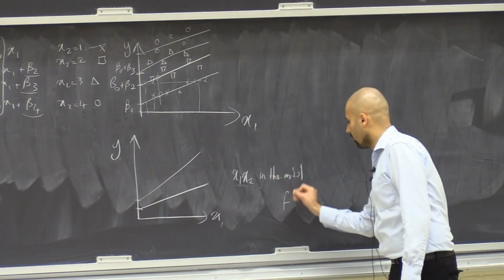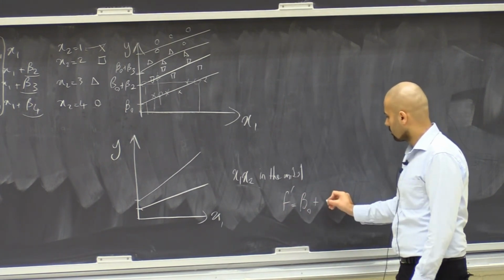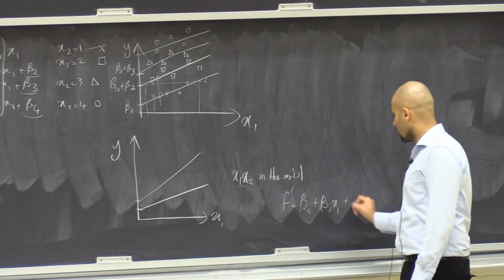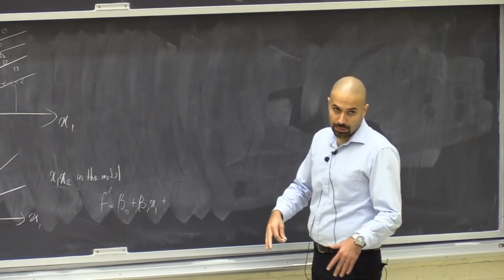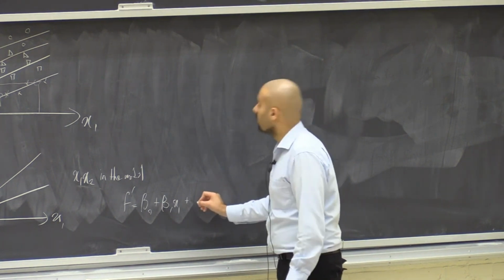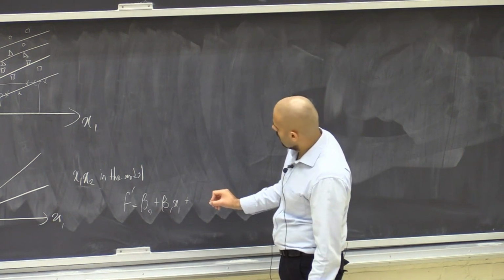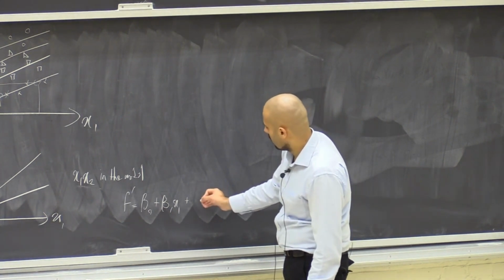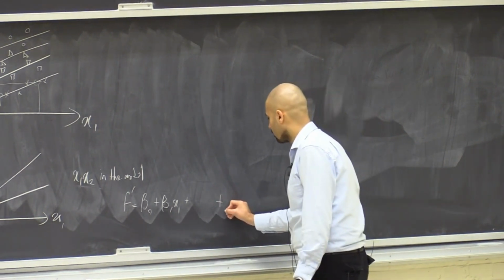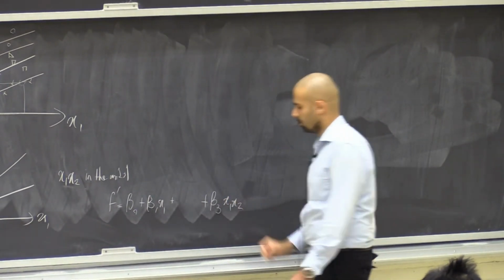This means that, for example, f prime is beta 0 plus beta 1 x1 plus either nothing or beta 2, right? I can also write it differently. But either they have beta 2 or 0, and they have some beta 3 x1 x2, right?